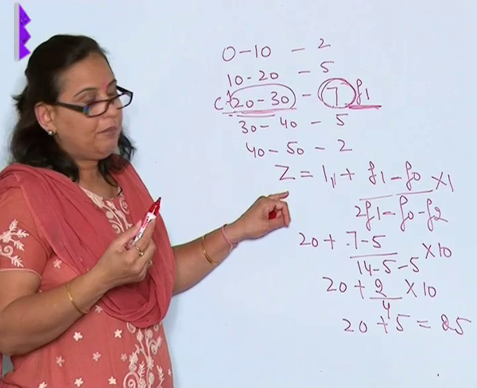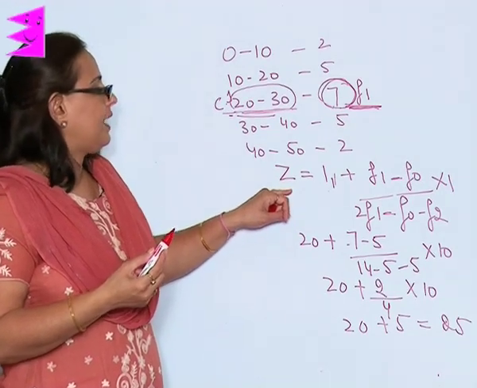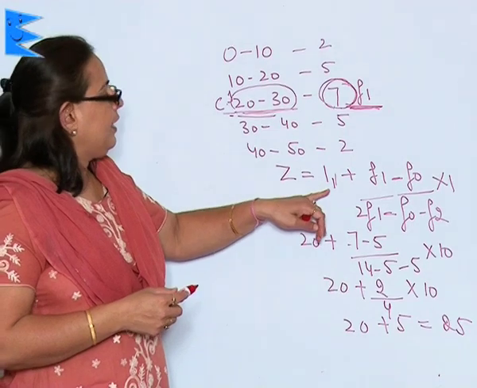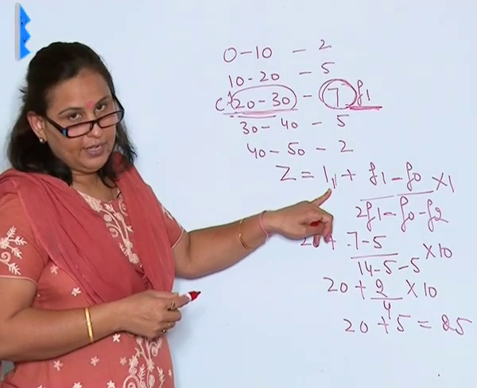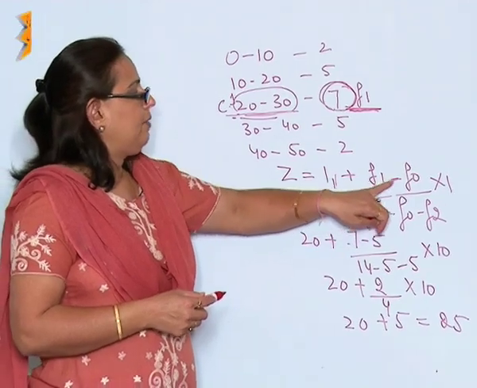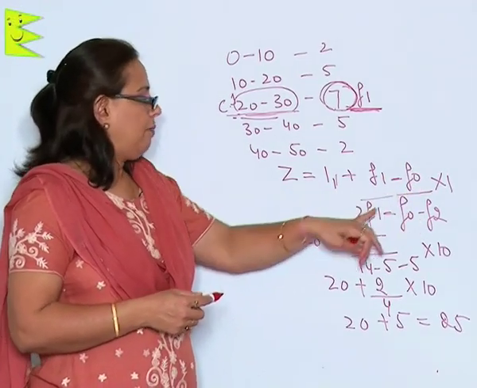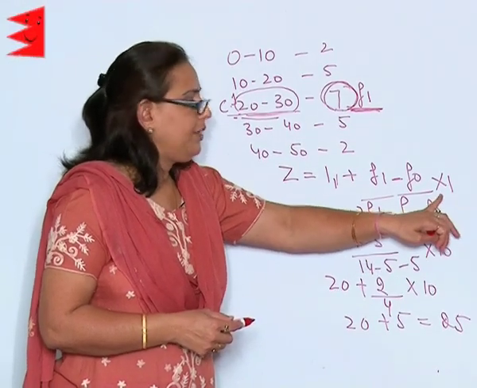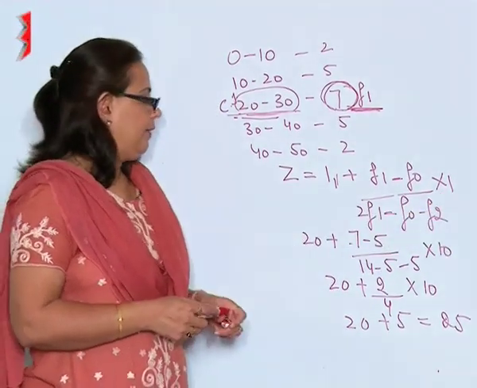To find out the mode, I apply the formula: the lower limit of the class interval plus (f1 minus f0) upon (2f1 minus f0 minus f2), into the class interval.